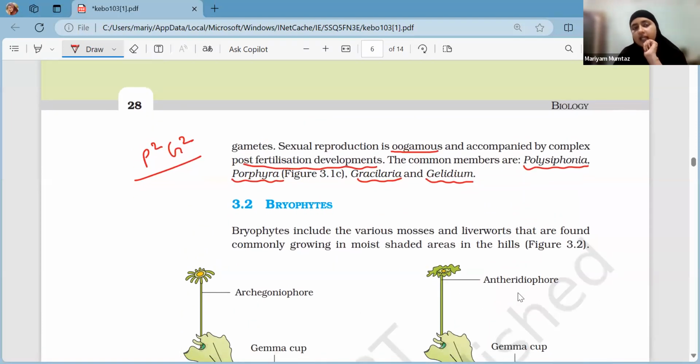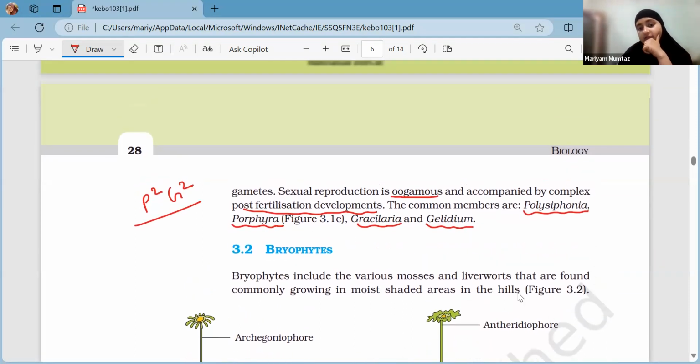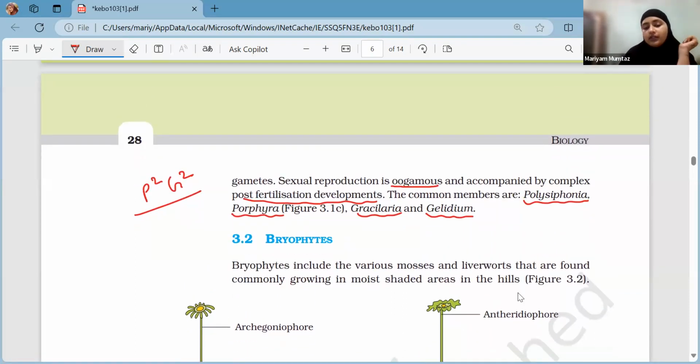Now bryophytes are most commonly known as the amphibians of the plant kingdom. So they include various mosses and liverworts that are found commonly growing in moist, shaded areas in the hills. Now they require a lot of moisture.